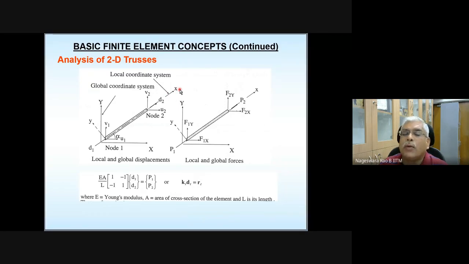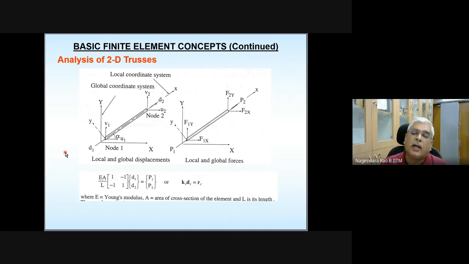If you reverse the node numbering, so that this is node 1 and this is node 2, then the local x-axis is going to point in the opposite direction. You need to keep that in mind, and that is going to make a difference to how you get alpha. Alpha is the angle between the local x-axis and the global x-axis measured in the counterclockwise direction. You have to be careful.